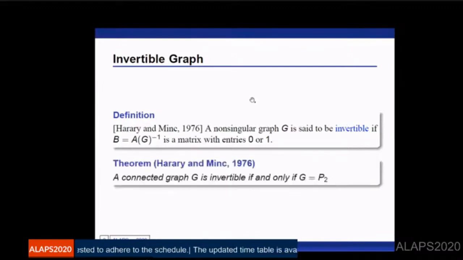With that definition, in 1976, they found that there is only one such class of invertible graphs, namely P2 only. A connected graph G is invertible if and only if the graph is P2. So that is a very trivial kind of thing, and that is not giving many things.